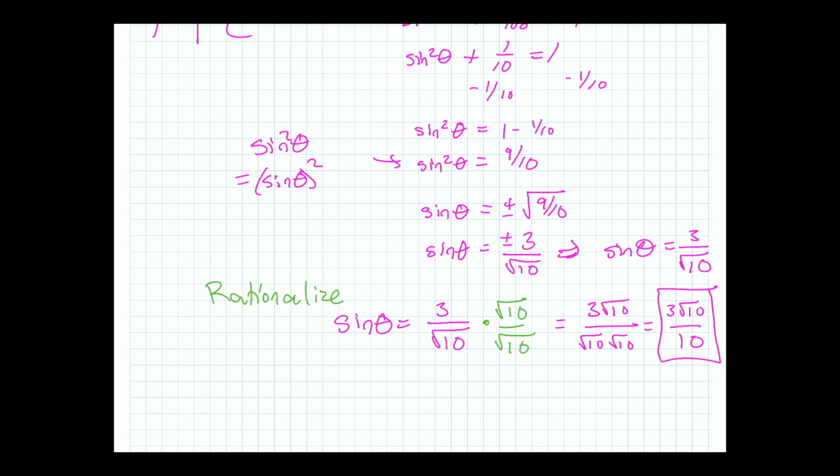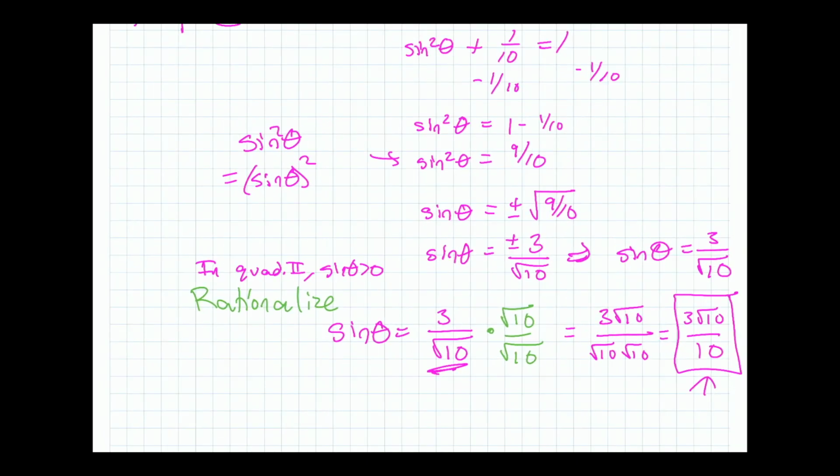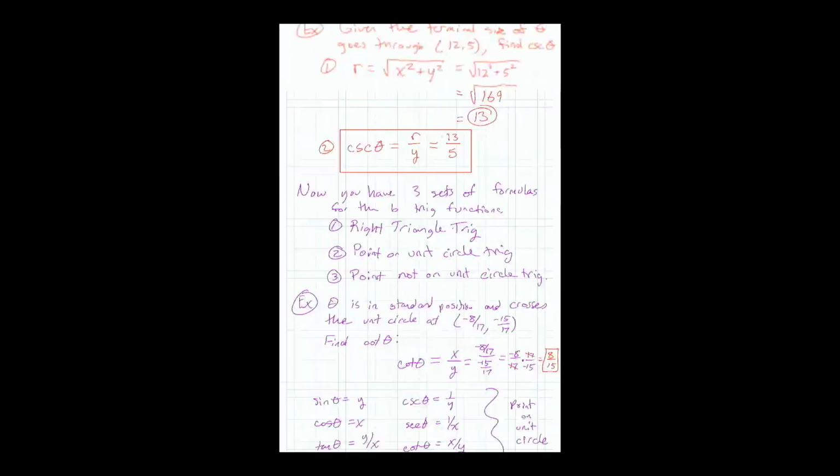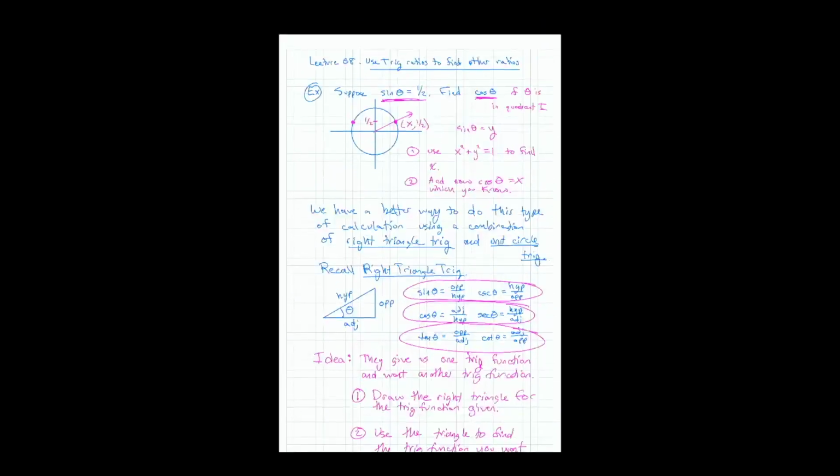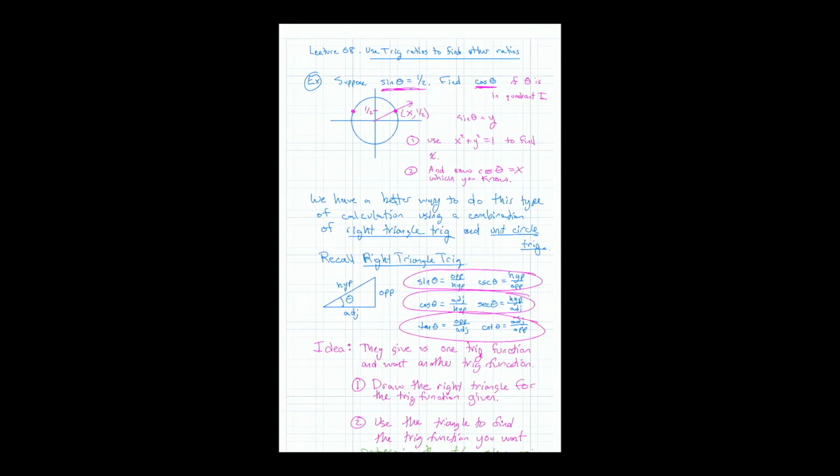Okay, and I didn't write it here, so I'm going to write it. We said it out loud. In quadrant 2, sine theta is positive, and that's why we have the positive 3 square root 10 over 10. This is how we write it for our final answer, with a rational denominator, which means no square roots in the denominator. Okay, so I think that's it for this. See you next time.